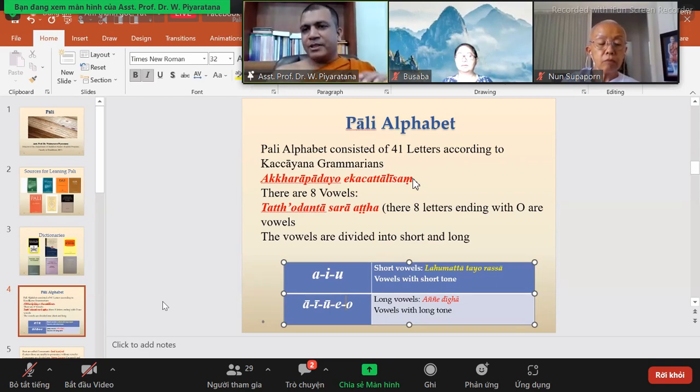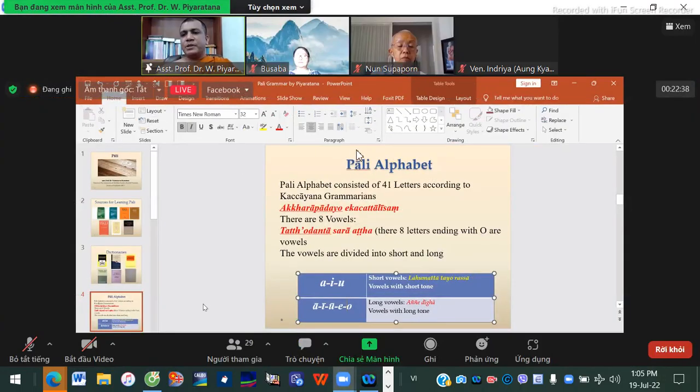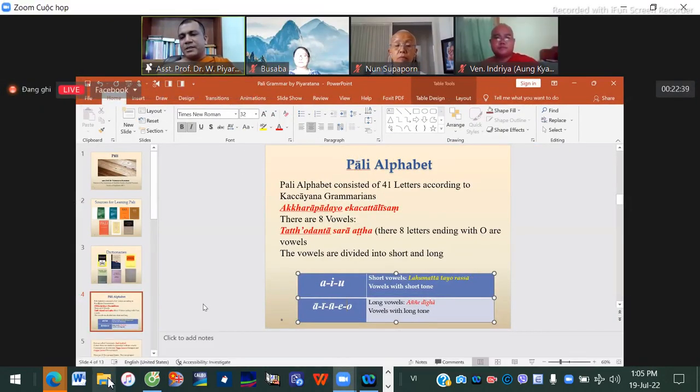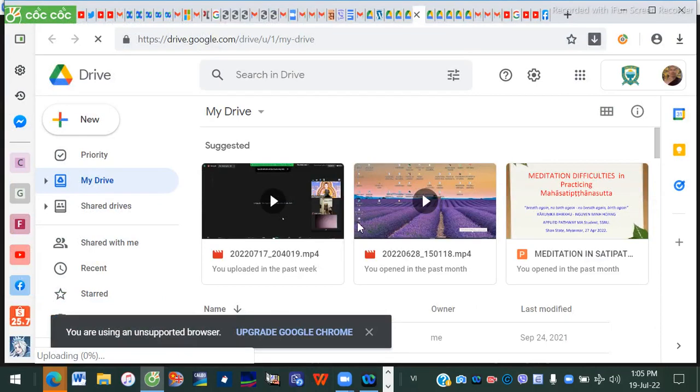For the short vowels, they say lahumattā tayo rassā. Tayo means 3, rassa means short vowel. Aññe dīghā, the other 5 letters are called dīgha, long vowels.